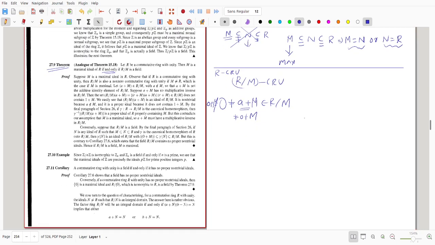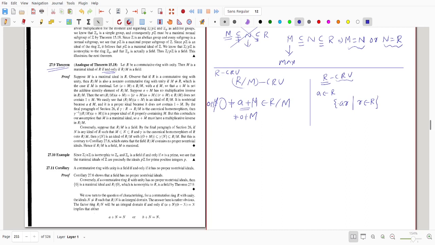Before we prove this theorem, we just observe that if we have a commutative ring with unity, and if we choose any a belonging to r, then you can define the set of all multiples of a. Consider the set of all ar. Since r is commutative, ar is the same as ra, so you need not worry about the other product.